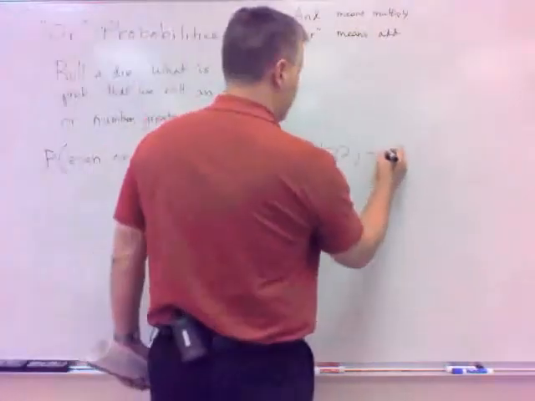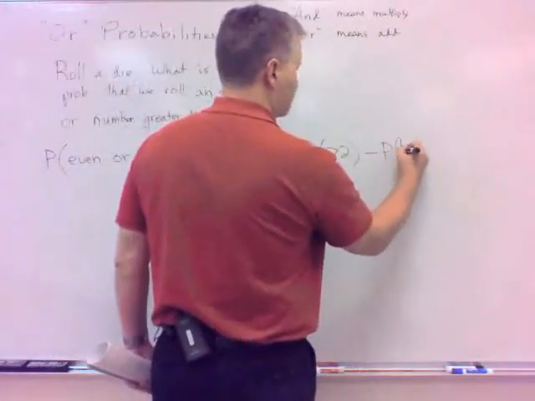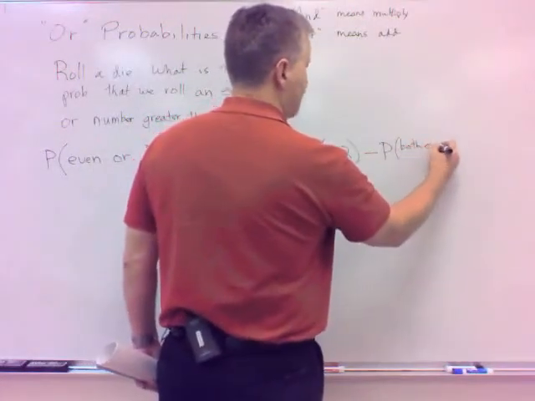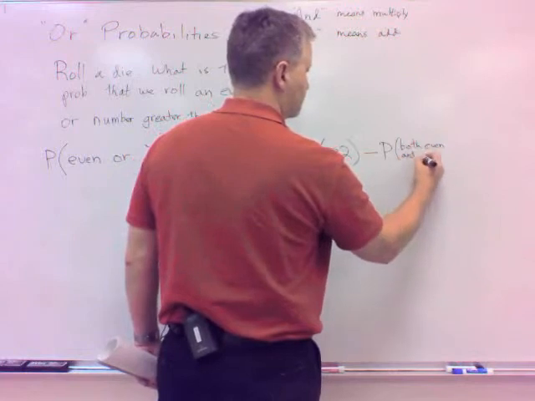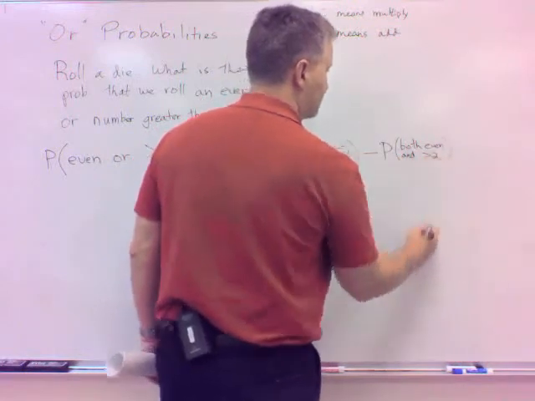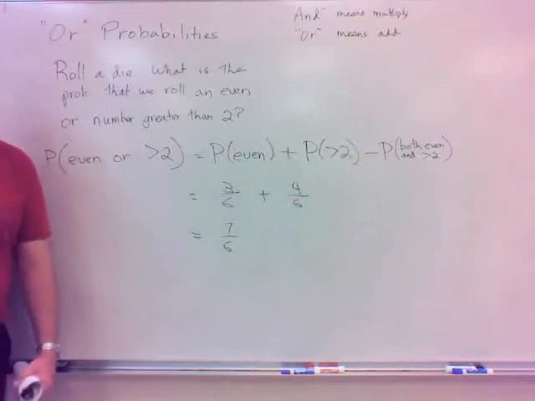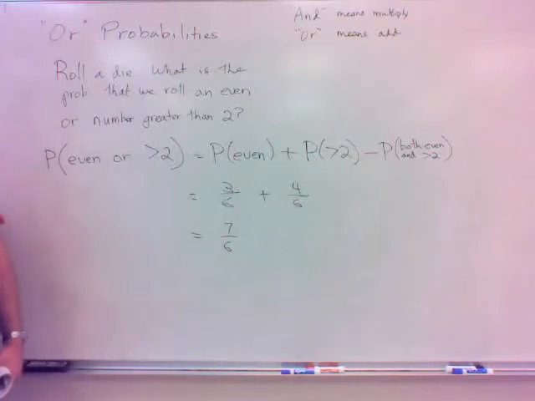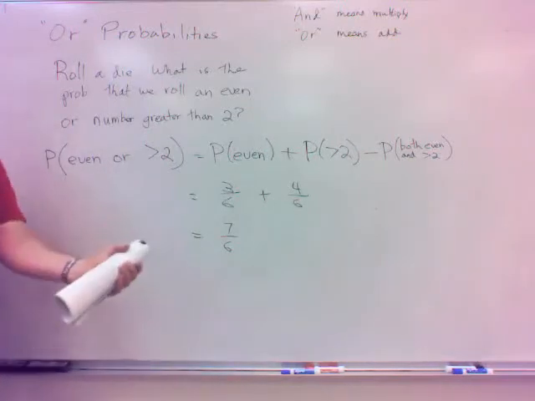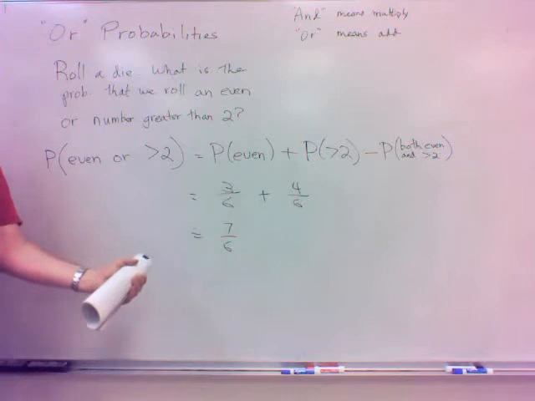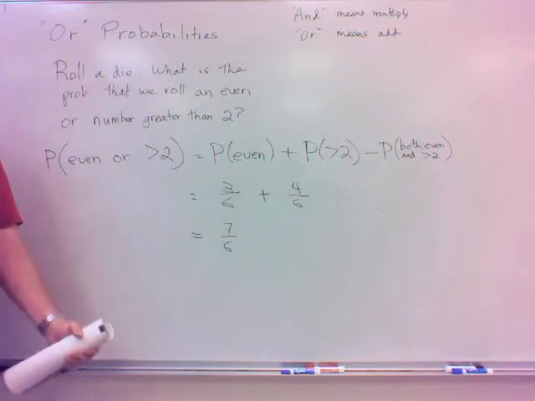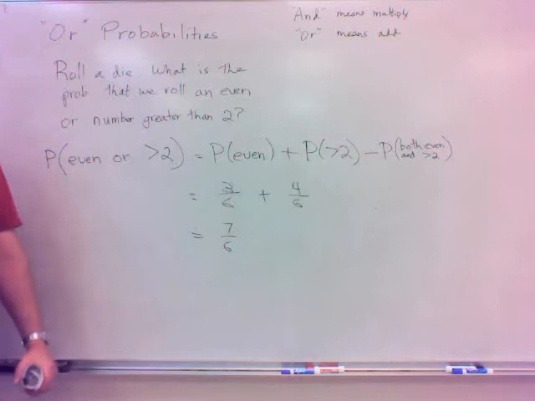So I'm going to subtract the probability that it's both even and greater than 2. See what I get when I subtract that. What's the probability that it's both even and greater than 2 at the same time? How many of them are even and greater than 2 at the same time? Well, 4 is even, and it's greater than 2, so that would be 1.